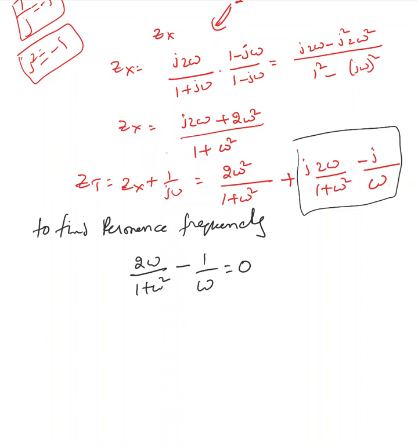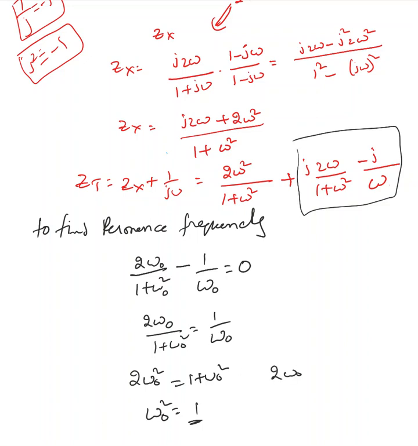Now it's no longer omega, it's omega naught. So 2 omega naught over 1 plus omega naught square equals 1 over omega naught. Can I write this as 2 omega naught square equals 1 plus omega naught square? If I bring it out, omega naught square equals 1, because 2 omega naught square minus omega naught square equals 1. So omega naught equals plus or minus 1 radians per second.